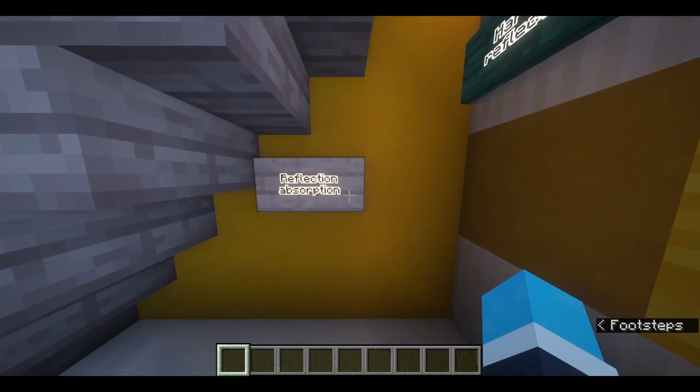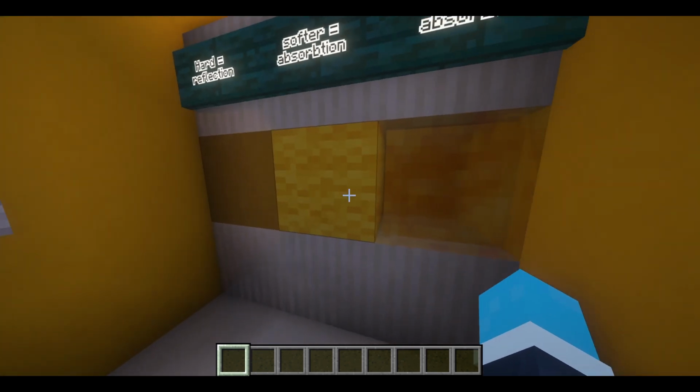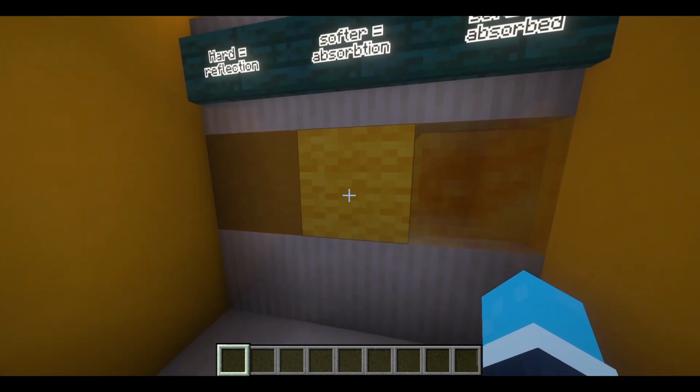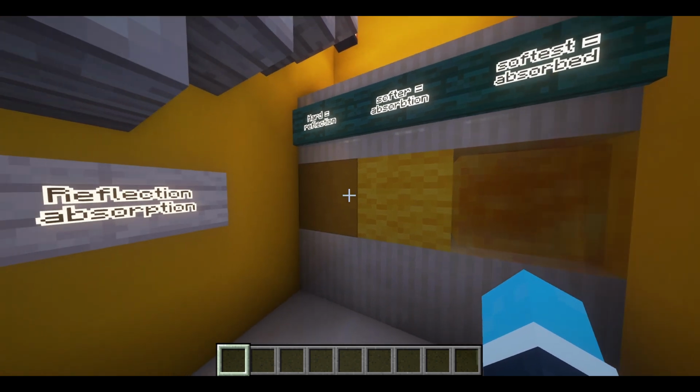Next, reflection versus absorption. When sound changes mediums, one of two things happen. Sound will either reflect or be absorbed. The rule of thumb is the softer the material, the more will be absorbed. So here, concrete is very hard.